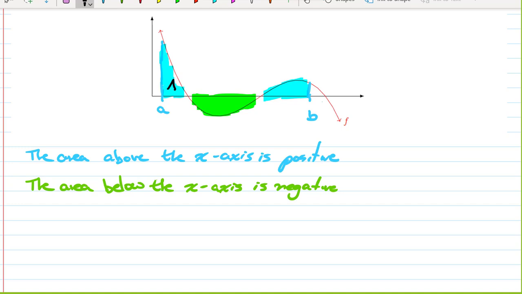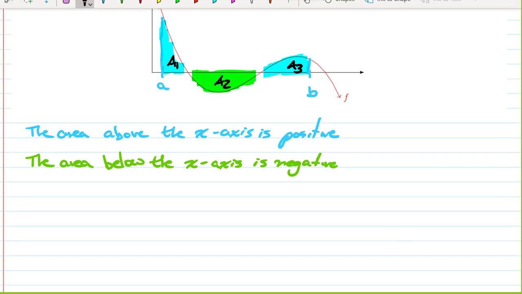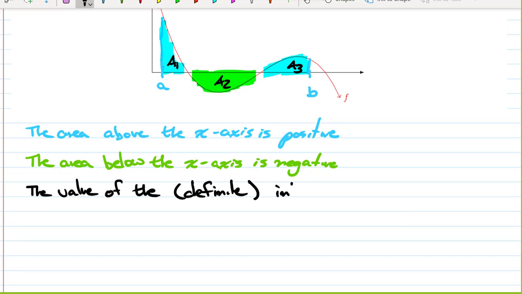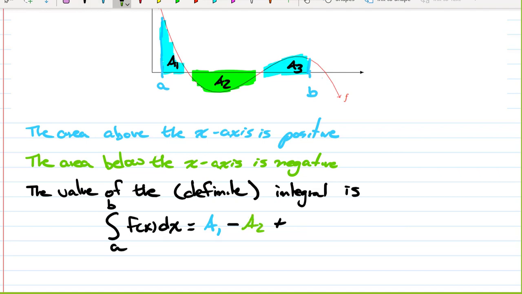So then if I call this area A1, A2, and A3, the value of the integral, so we have the integral from a to b of f of x dx is going to equal A1 minus A2 plus A3.